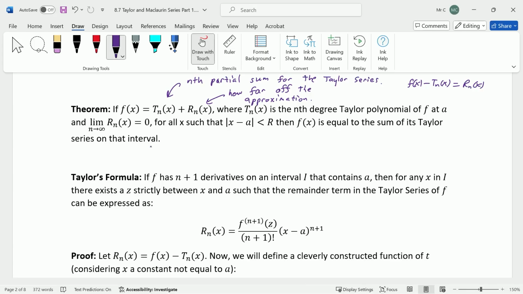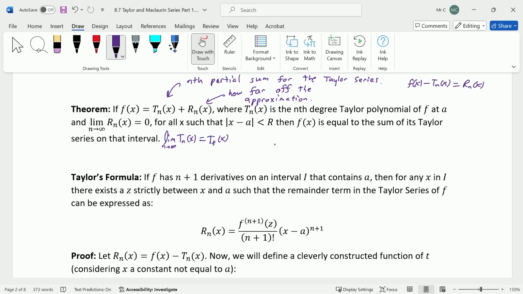Now this particular theorem is actually pretty obvious, because by definition, the limit of the nth partial sum of the Taylor series is the Taylor series. All right, those are the same thing.